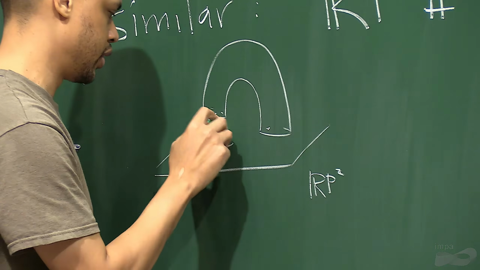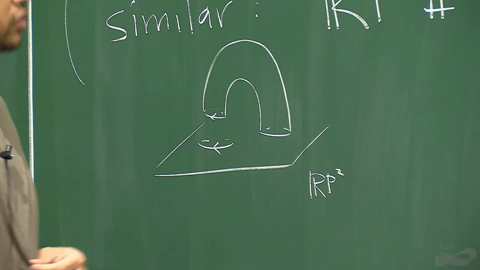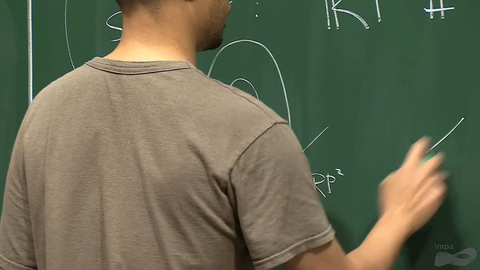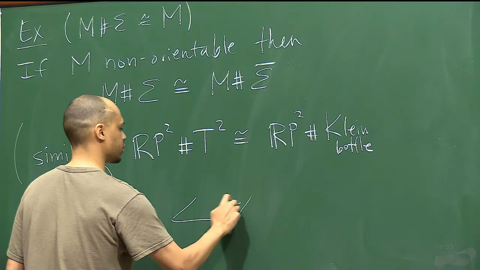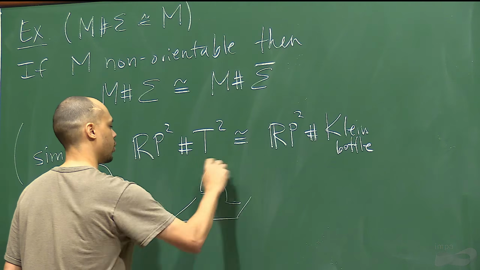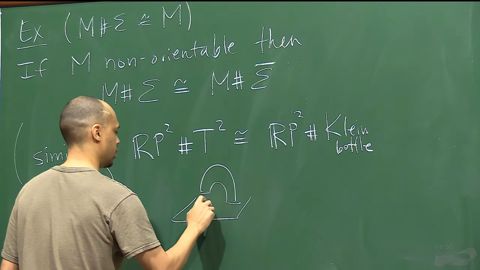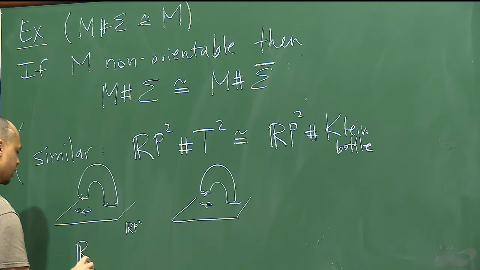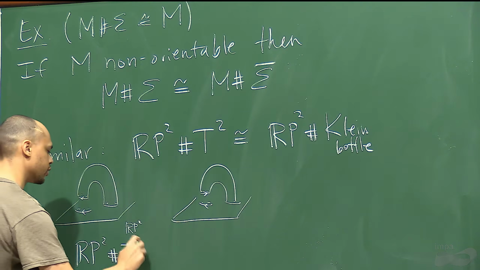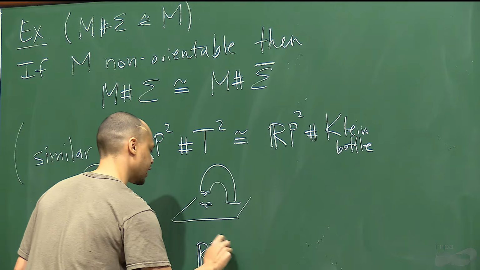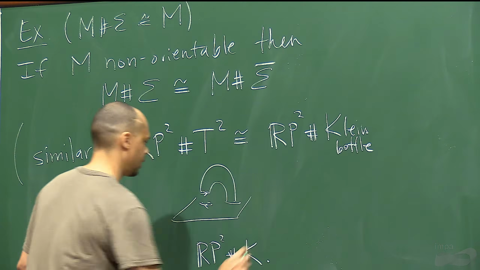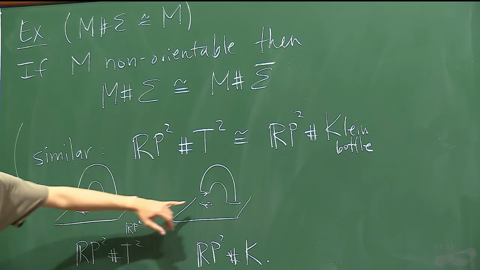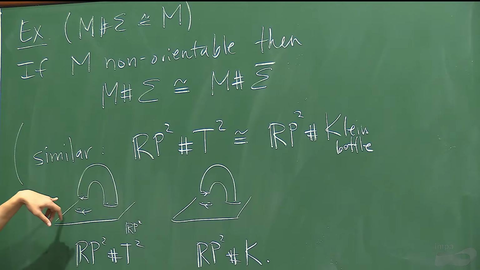So here are two pictures. This is a picture of RP2 connect sum the torus, and this is a picture of RP2 connect sum the Klein bottle, where the thing to pay attention to is the direction of the arrows.